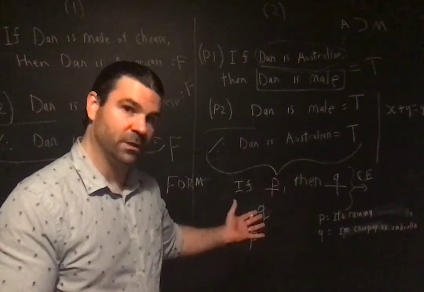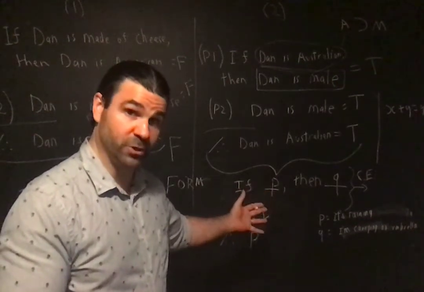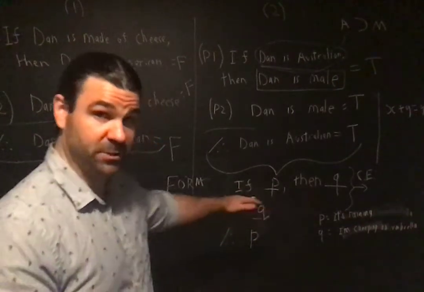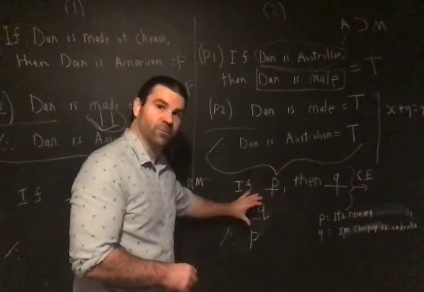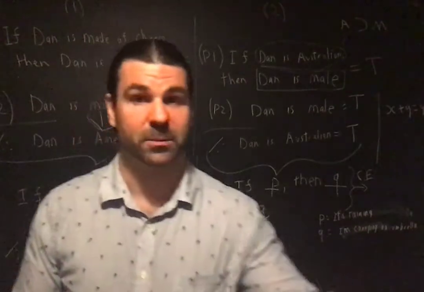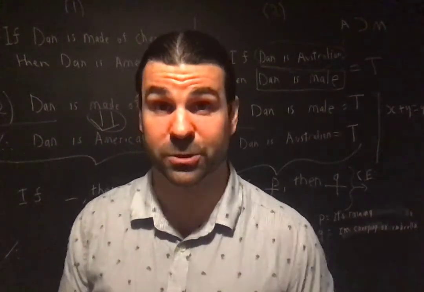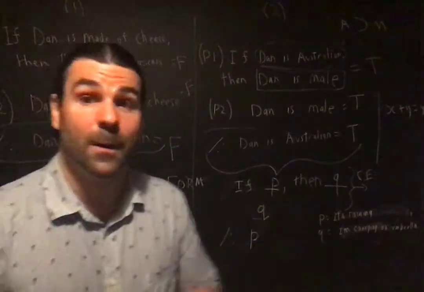Those values for P and Q, those particular sentences substituted into P and Q, give an instance of this argument form which makes the premises true and the conclusion false. Okay, be very clear about what we've shown.